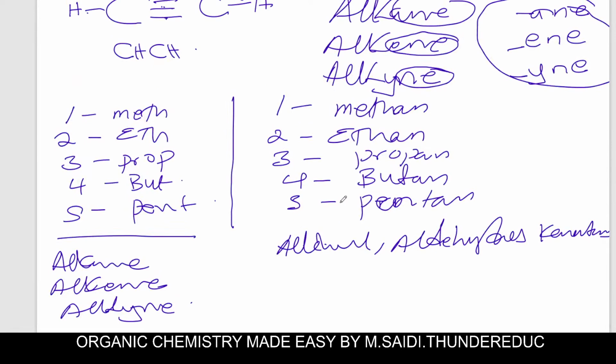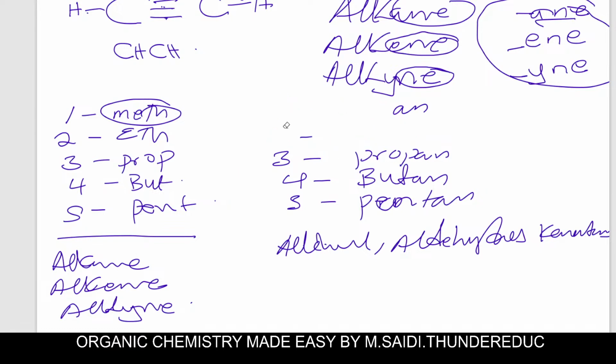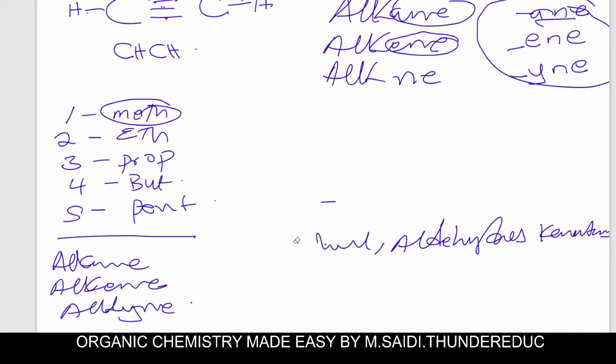Now, if I have one carbon atom, single bond throughout, it is going to be meth plus this. Let me show you what I mean in this regard. I'll come back to that so that you understand it better.